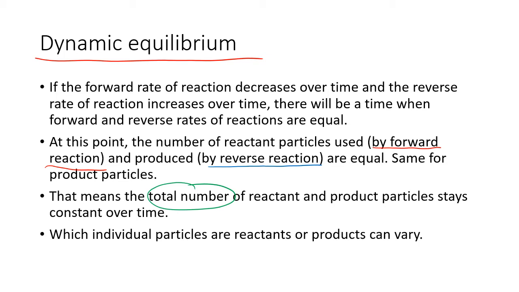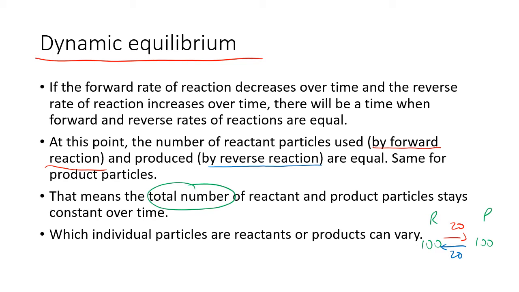So say you had 100 reactants and 100 products, and there was a change of 20 in the reverse every second, and 20 every second for the forward.